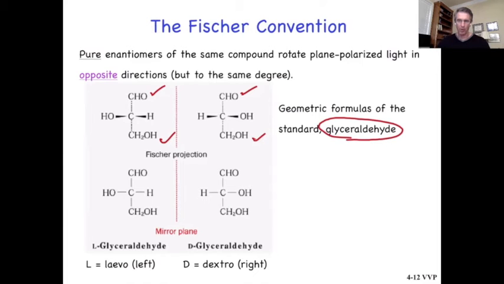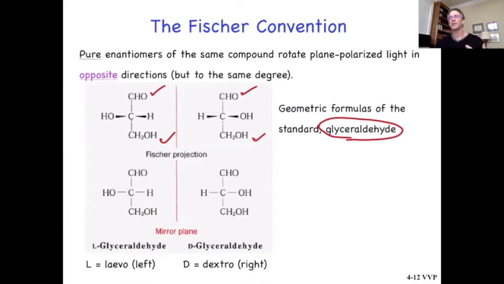The other will rotate it to the right. And that was given a name. It's known as levorotary or dextrorotary, for left or right. So that leads to a shorthand, L-glyceraldehyde or D-glyceraldehyde.